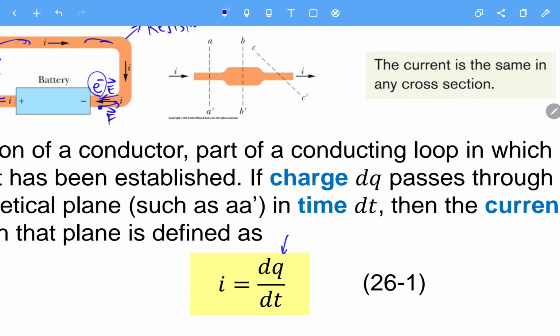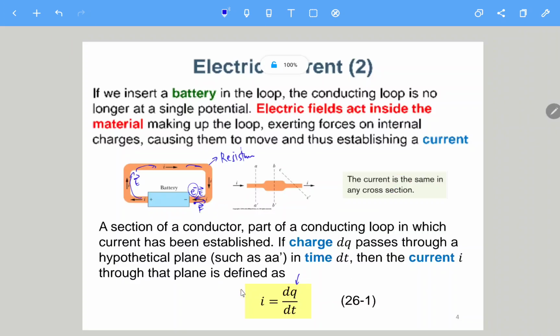If it becomes larger, then there is some current going in. If Q becomes smaller, then there is some current going out of the region. So the derivative of the charge with respect to time is the current.